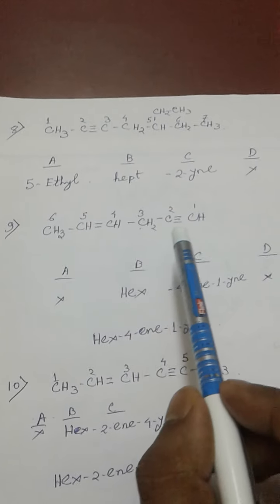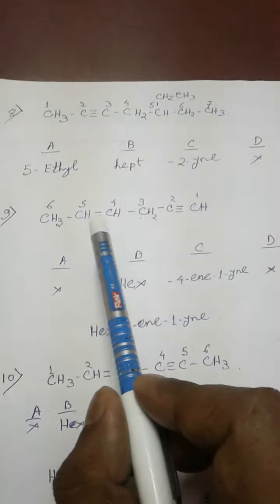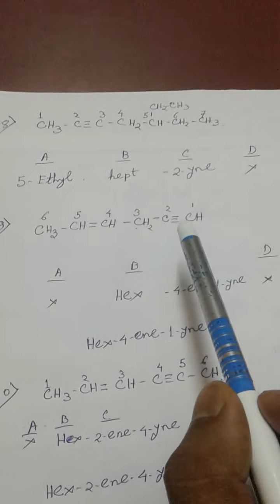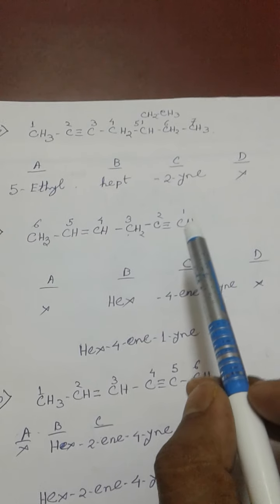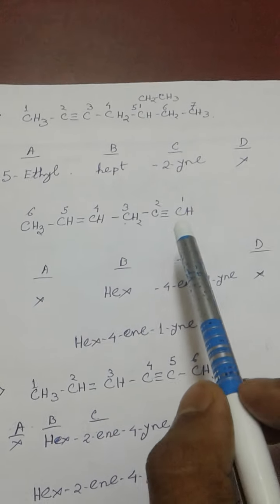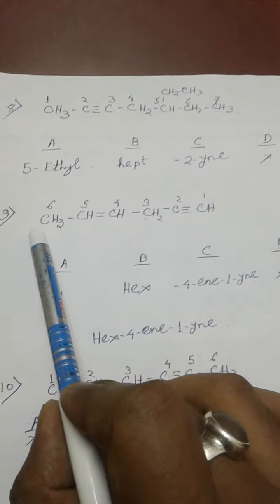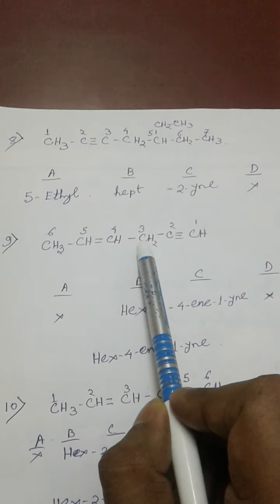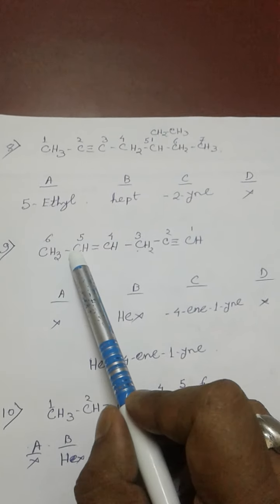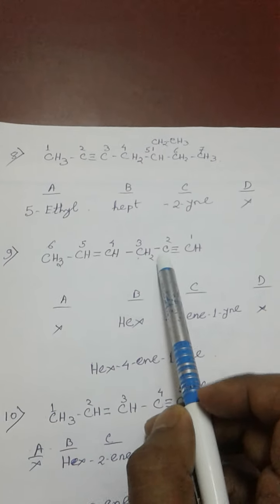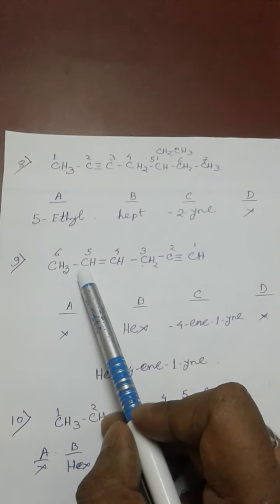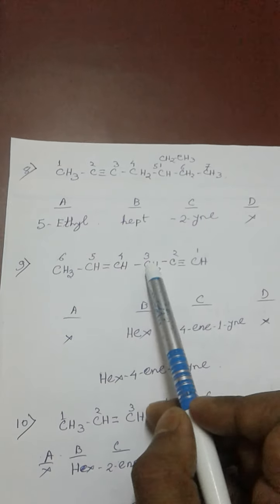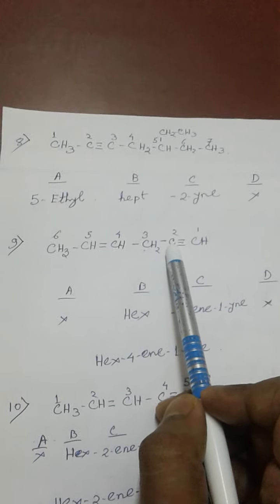There is another example, a molecule with a double bond and a triple bond together, and we start from the side from where we give the minimum locant. If I start from the left side, then 1 2 3 4 5 6, the double bond gets locant 2, and counting 1 2 3 4 5, the triple bond gets locant 5.